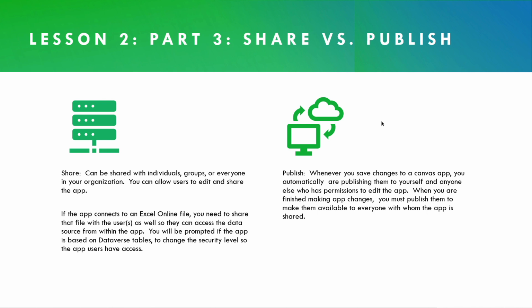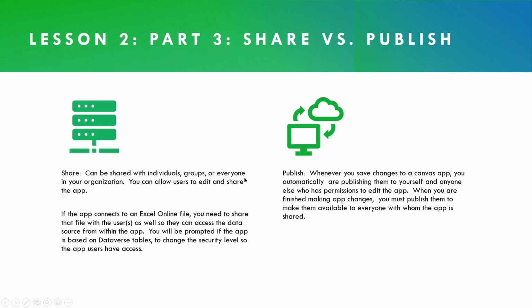When you're finished making app changes, you have to publish them to make them available to everyone with whom the app is shared. So after the app is ready to go, you're ready to publish. And then if you continue editing the app, you'll have to republish. So the changes in the interim will go out to all users.